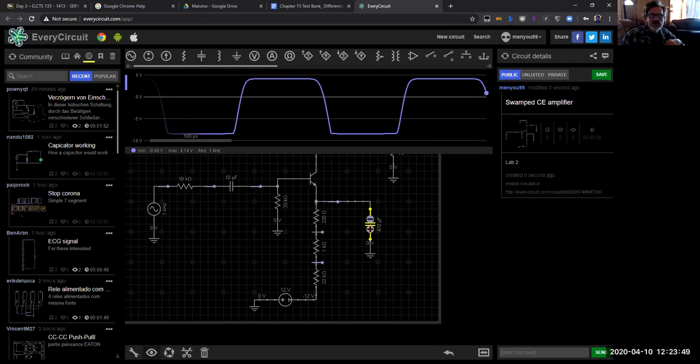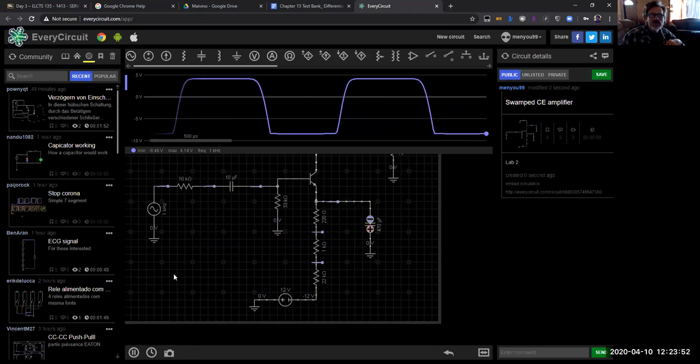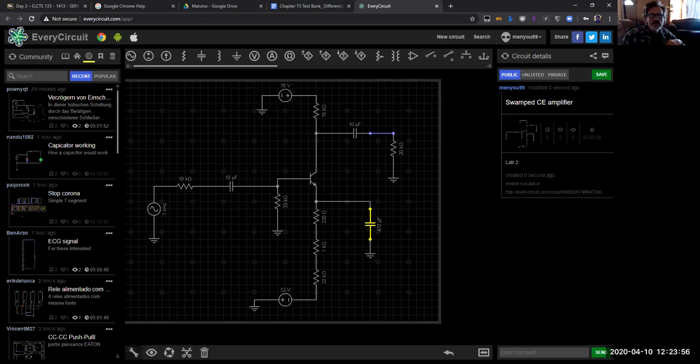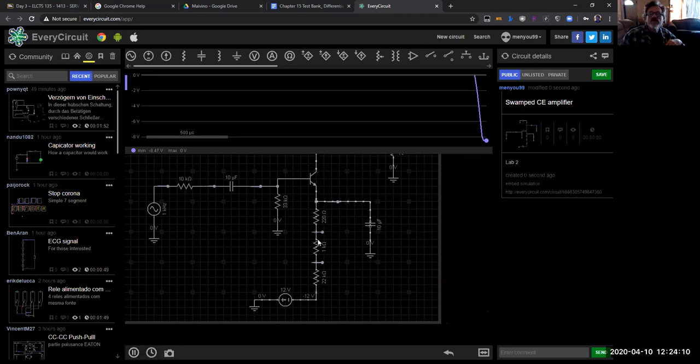Let's take a look. All right, let's stop the waveform here, back it up. Let's change our value. Oh, it's down to 10. Now let's look at our output.